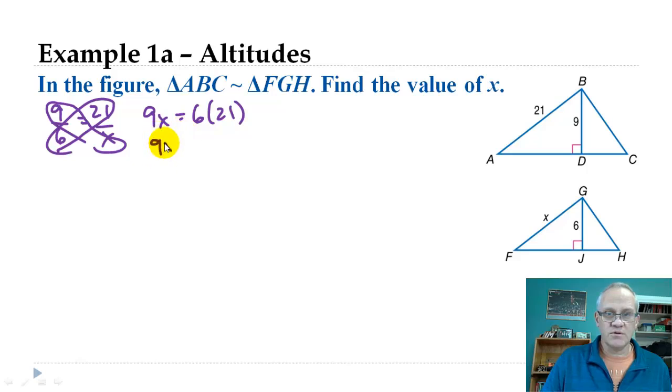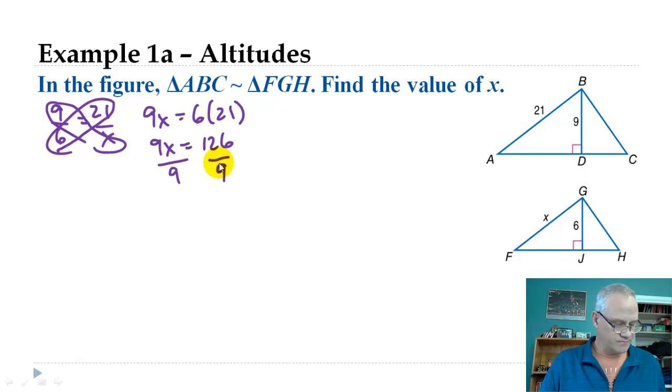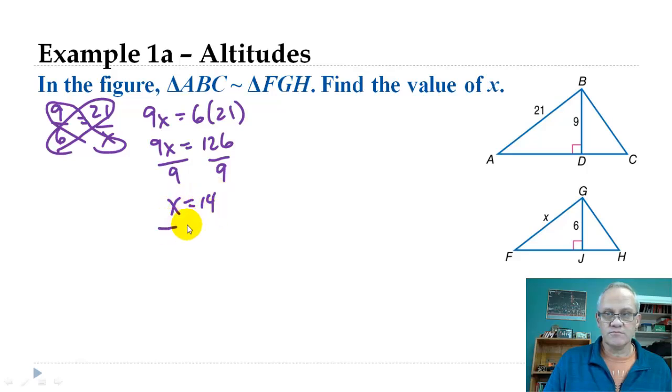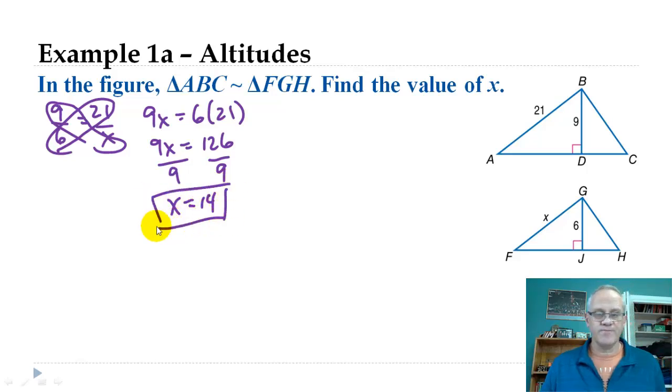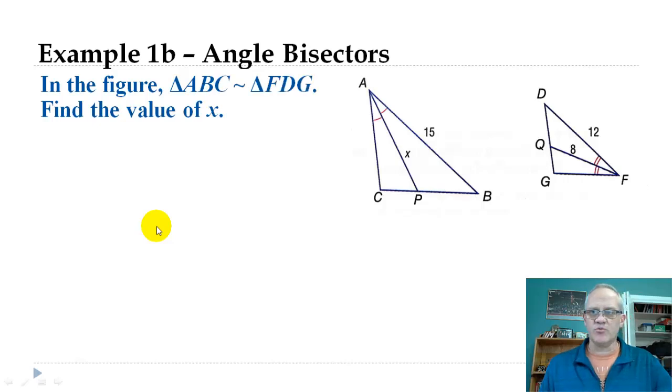So 9x equals 126, and divide by 9. And it looks like x is 14. Okay? Make sense? All right, so just like we would any other side, we also can do that with altitudes.